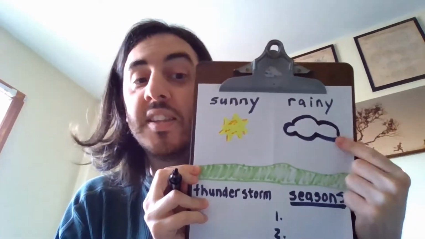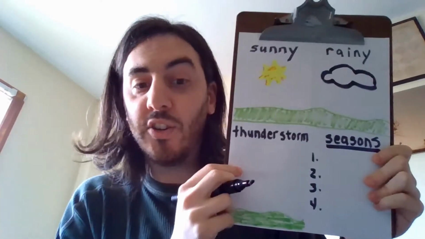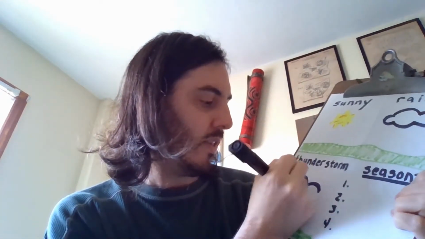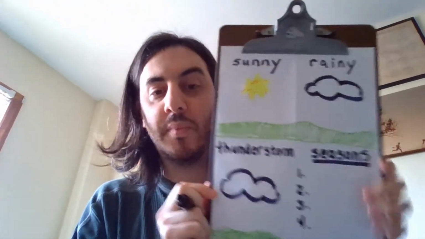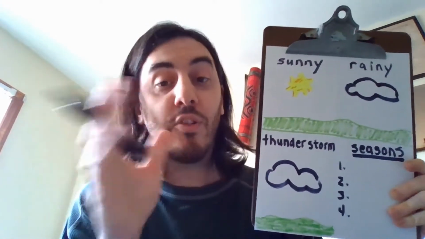We're going to do the same cloud in Thunderstorm. So draw a cloud down here, like that. But in the Thunderstorm one, we're going to color the cloud in with a black marker, or gray if you prefer. We're going to color that in.